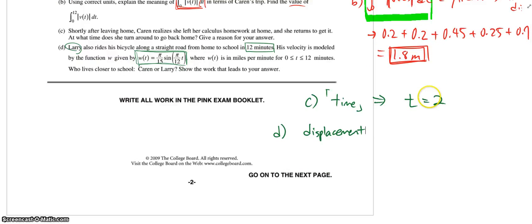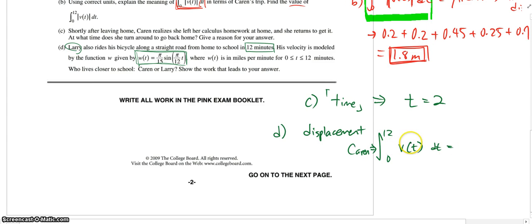So we have to calculate the integral from 0 to 12 of Karen's v(t) dt. We don't need the absolute value like we did in part B, because it's not total distance. We don't need that negative part. We've got to cancel everything out to get the displacement, which is the net distance.